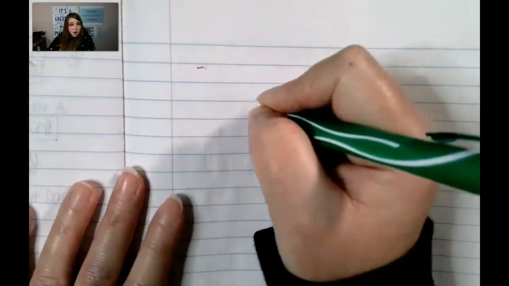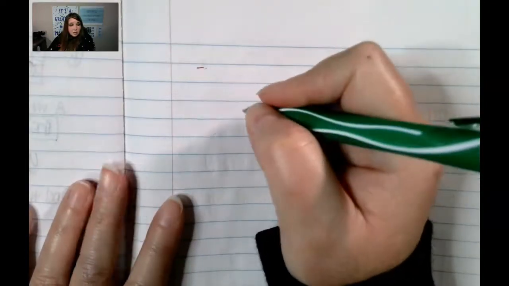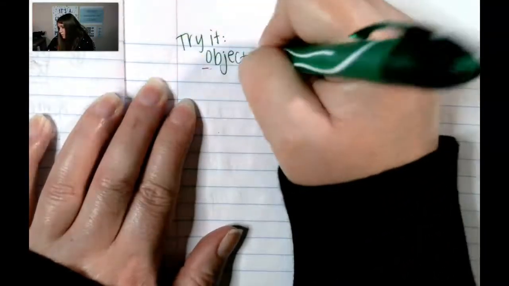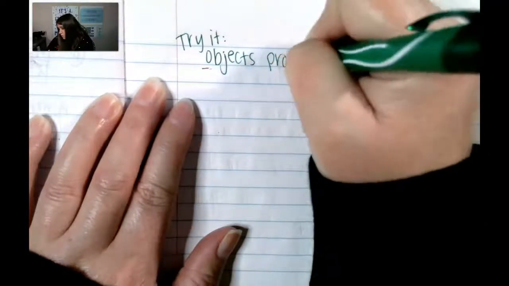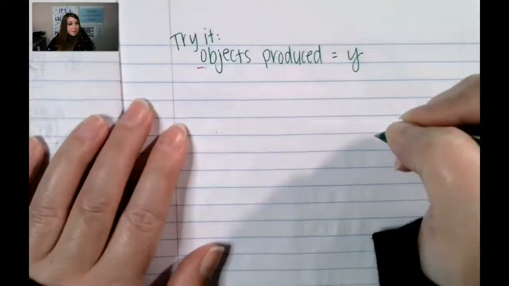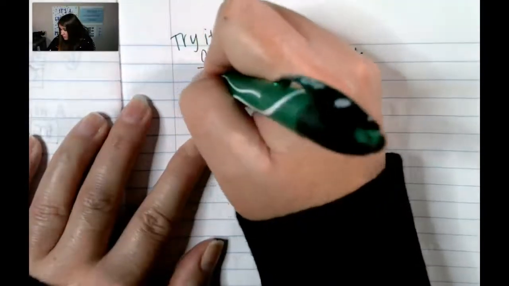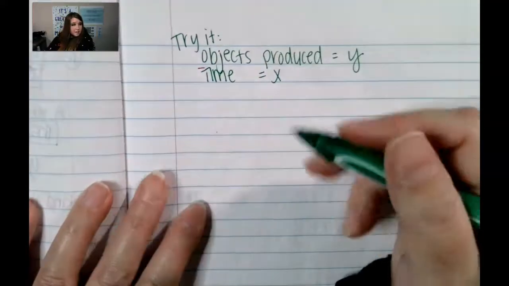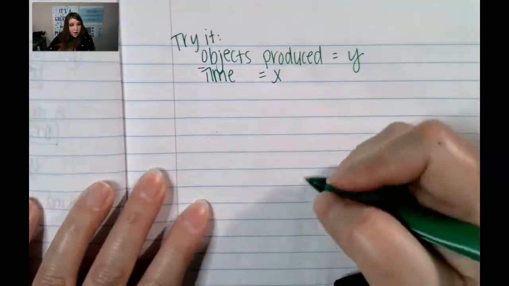So objects produced equals Y. And then it says the time. So time equals X. And then it says the machine produces 5 objects in 4 minutes.